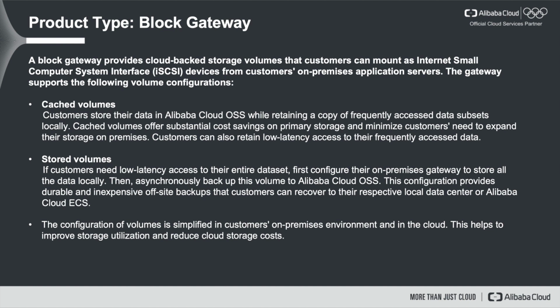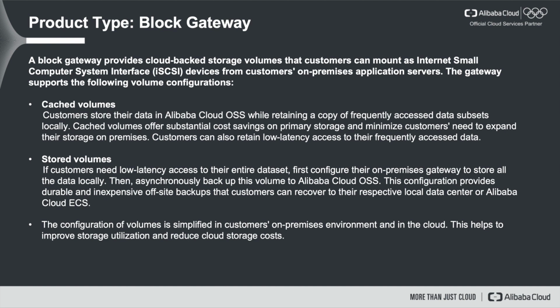The main difference between the two configurations is that with cached volumes, customers store their data in Alibaba Cloud OSS while retaining a copy of most frequently accessed data locally. This allows substantial cost savings on the primary storage and minimizes the customer's need to expand their storage on-premises.